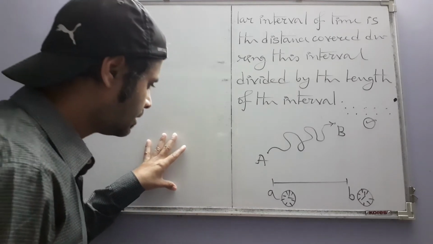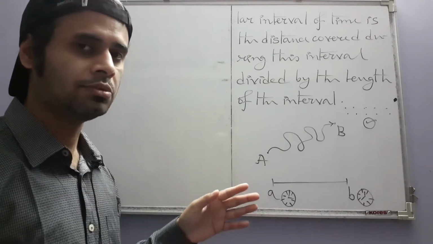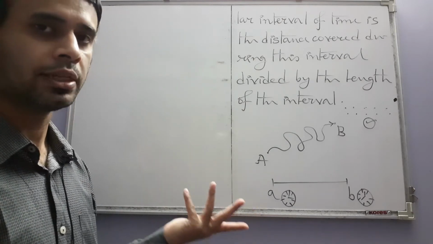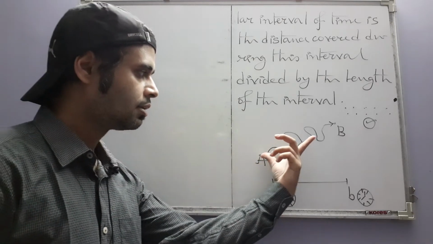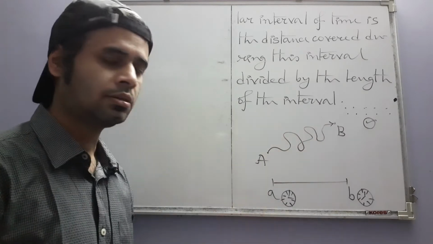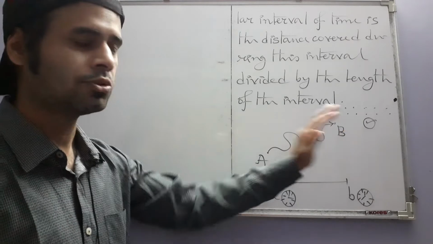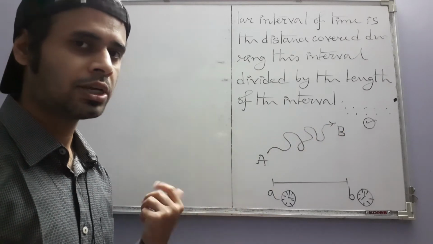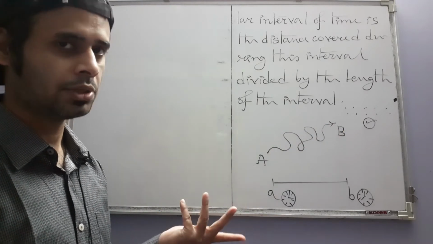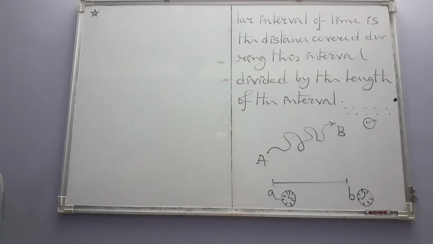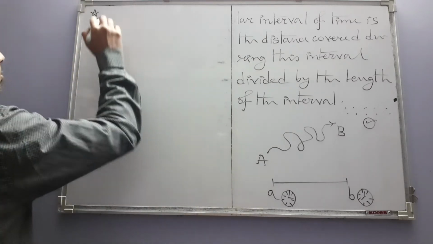In this definition of average speed, we just need simple algebra. We are dividing the total distance by the length of the time interval, or the time it takes for the body to move from point A to B. That's just simple algebra, but that soon will not be enough. Anyway, let's see what example 1 is.